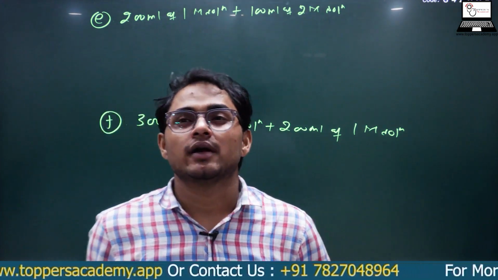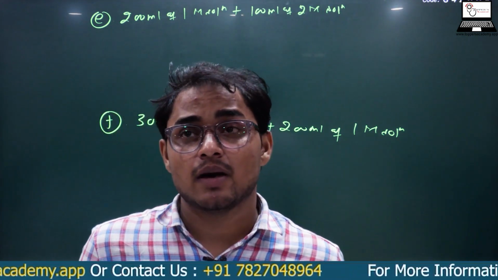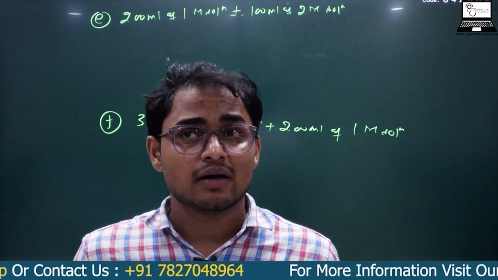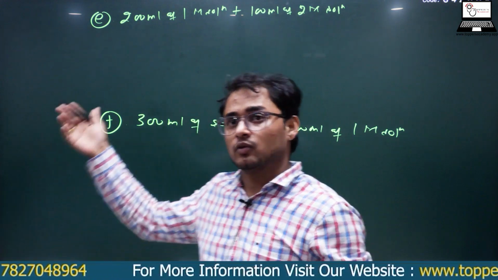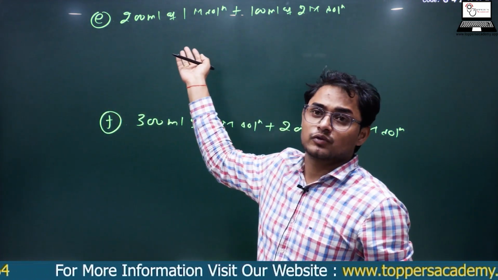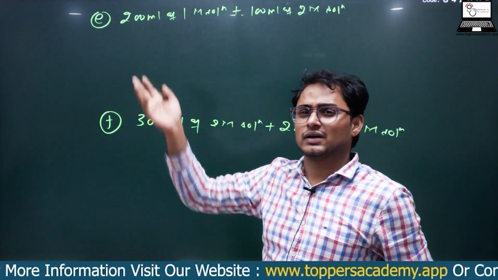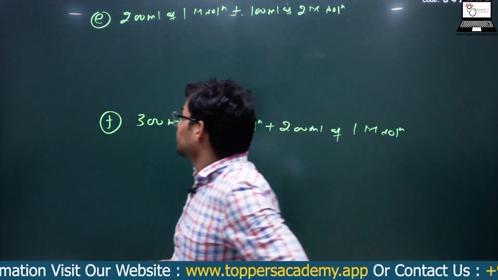You have taken 200 ml of 1 capital M solution and you have added it with 100 ml of a solution whose molarity is 2 mole per liter. I am talking about the E part, right?